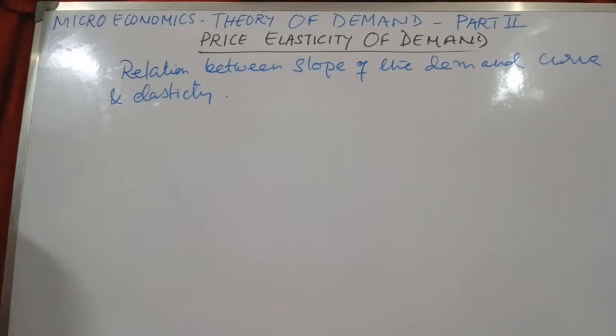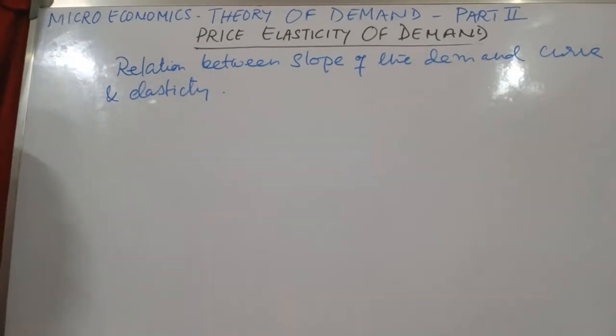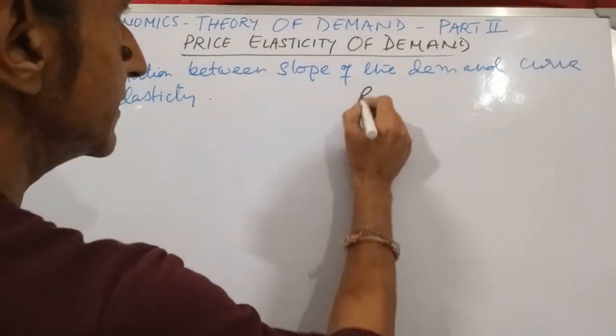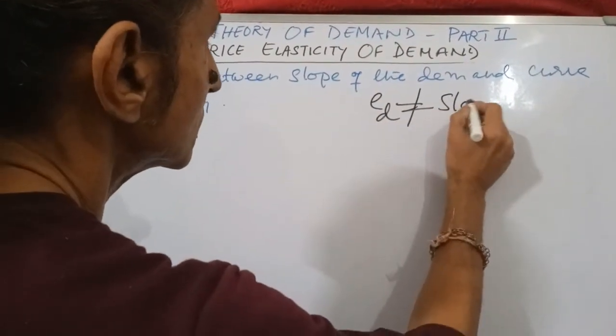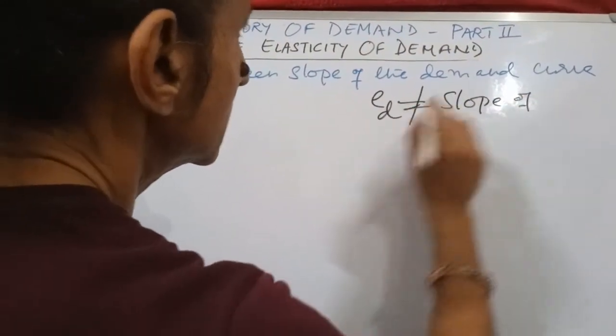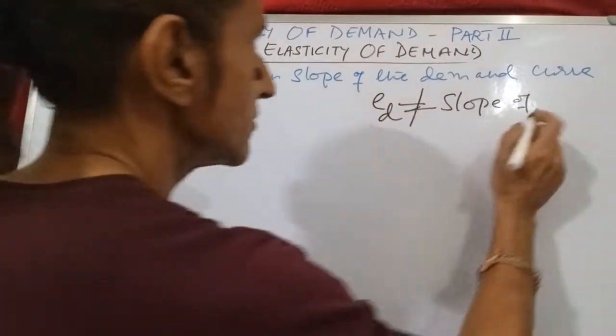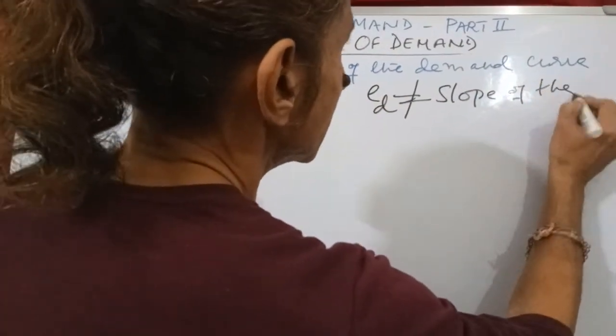The first thing you must remember is that ED is not equal to slope. Price elasticity is not equal to slope of the demand curve.